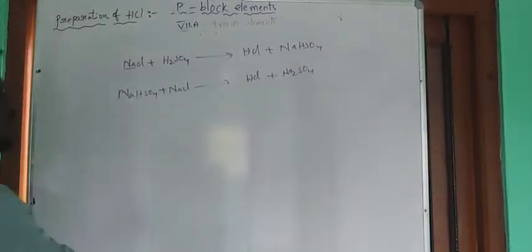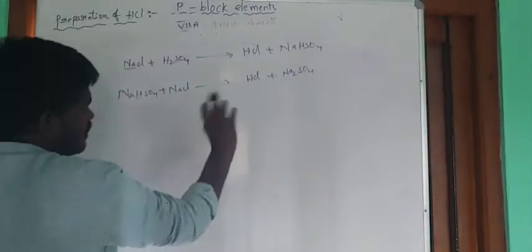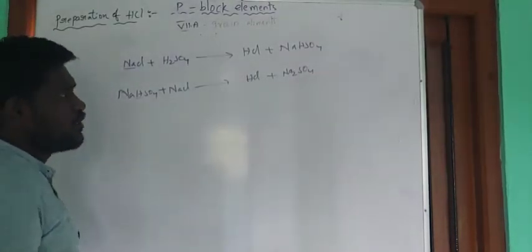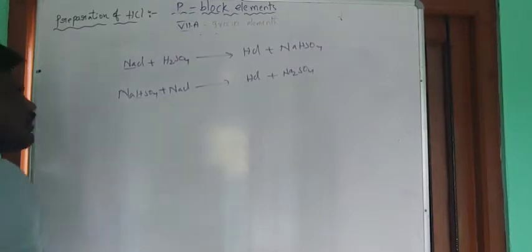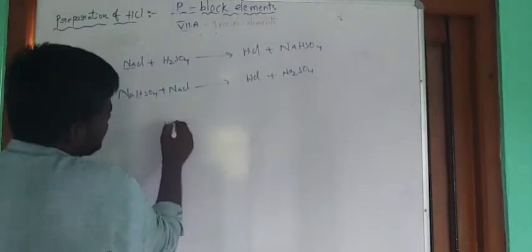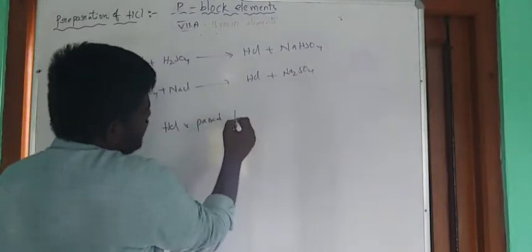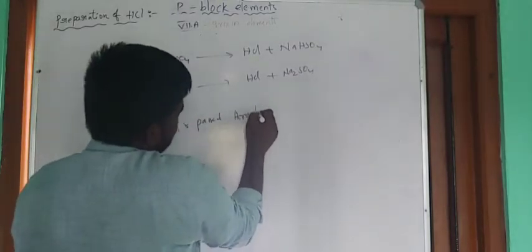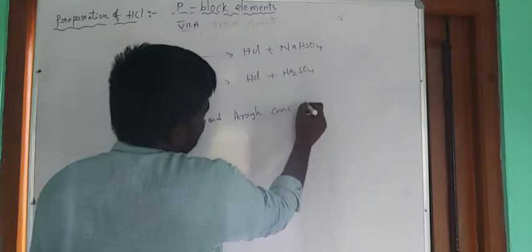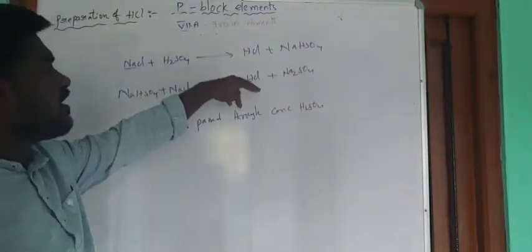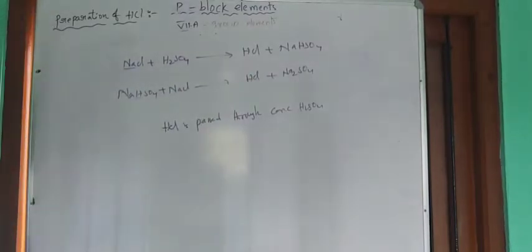So right, and the next one guys, the HCl which is formed is moist HCl, that one contains water molecules. So to remove that water, this HCl gas is passed through concentrated sulfuric acid. The HCl which is formed here is aqueous in nature, with some water molecules present.